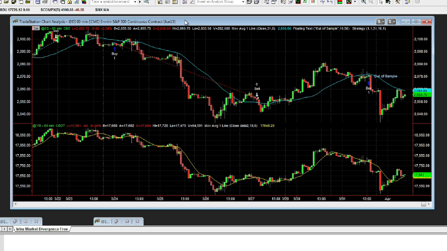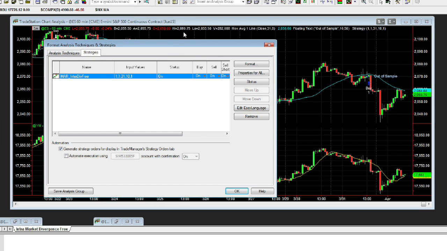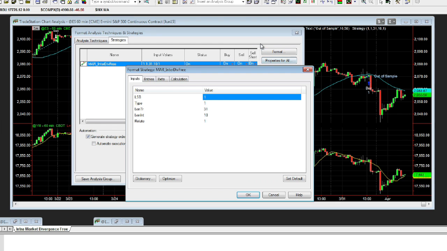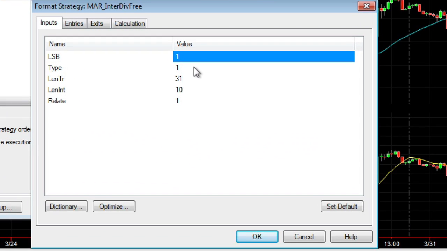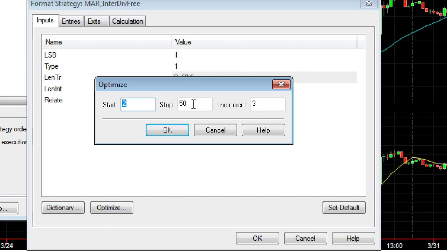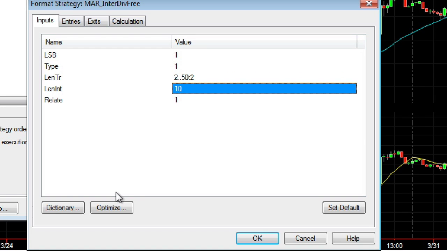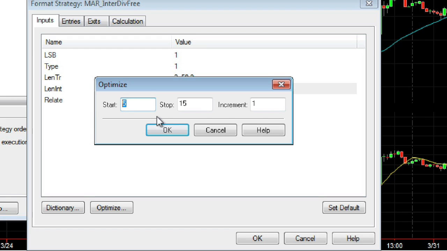Now, in closing, I want to show you really what I did when I first loaded up the ES and YM on here. I just optimized 2 to 50 in increments of 2 for both of these parameters.